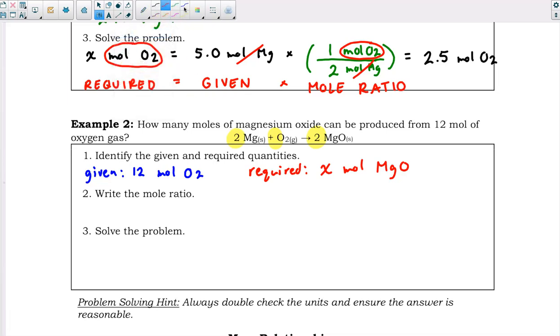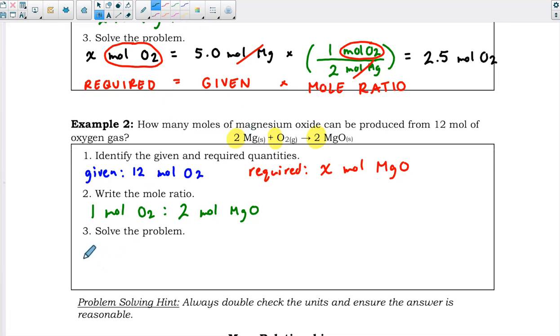So our mole ratio comparing oxygen and magnesium oxide is that for every mole of O2, you can see there's the invisible 1, we have, looking at magnesium oxide, 2 moles of MgO.